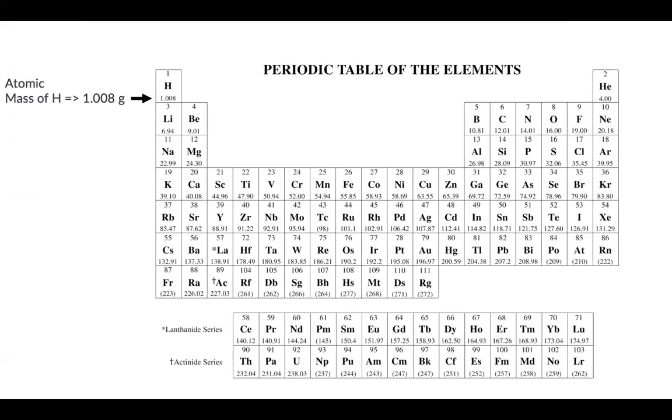So the atomic mass of hydrogen is 1.008 gram. The same happens for all the elements. If you look at the bottom of each element, we can find the atomic masses of them. For example, the atomic mass of boron is 10.81 gram.